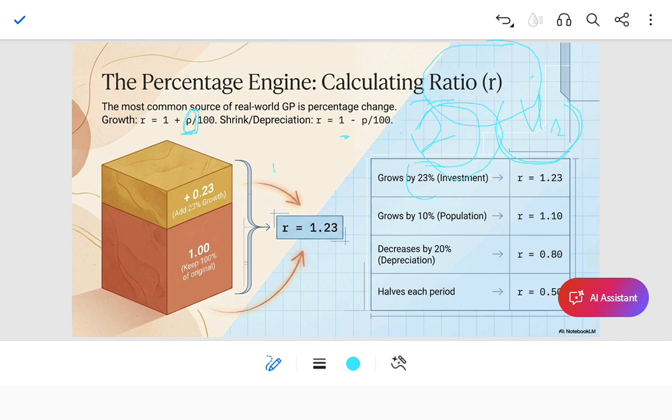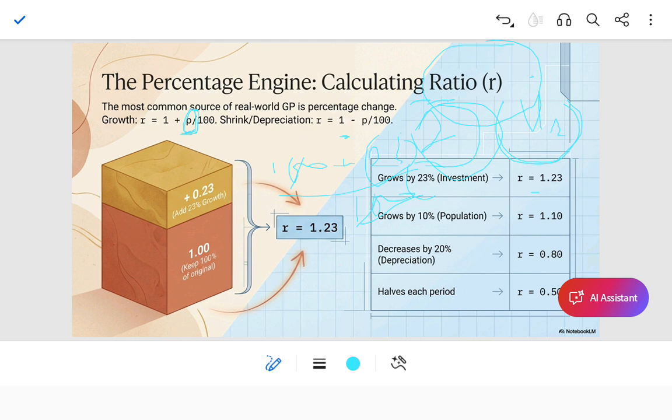So it is 100% plus 23% all divided by 100%. 100 divided by 100 is where we got the 1 from. Then 23 divided by 100. That is what we are seeing here.